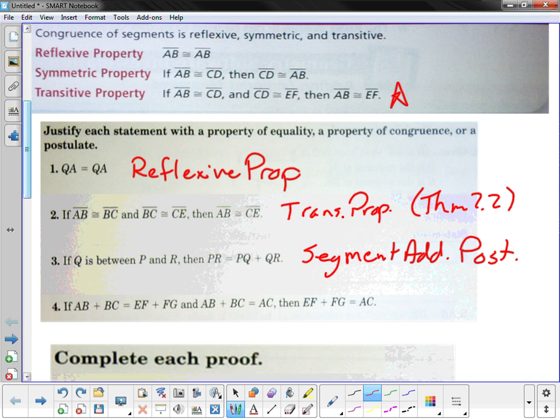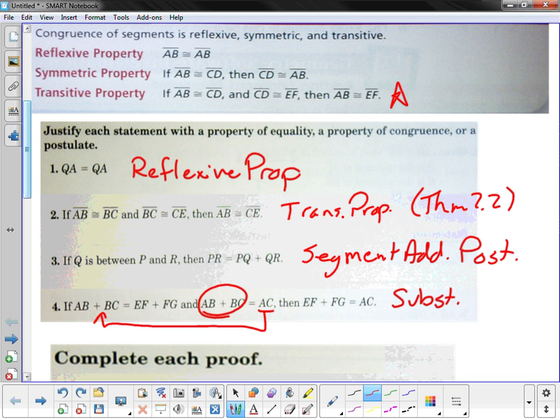Okay, make sure you're aware of that. Now if you look at number 4, if AB plus BC equals EF plus FG, and AB plus BC equals AC, then EF plus FG equals AC. Now we can fit this under two ways. We can put this underneath substitution, because I've replaced the AB plus BC with an AC in this original equation. I stuck it in there.